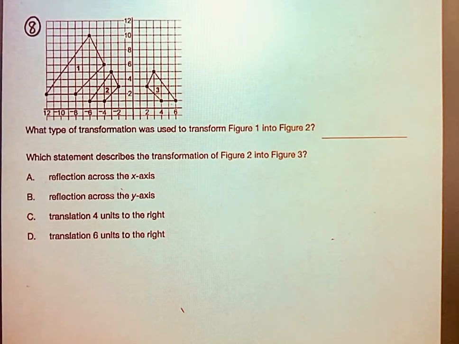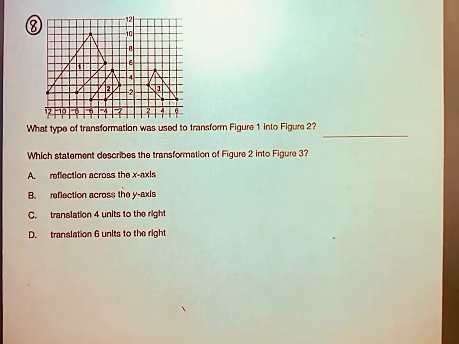All right. It says, first of all, what type of transformation was used to transform figure 1 to figure 2? Pretty simple question as long as you know your main topics of transformations. We have reflections, rotations, translations, and dilations, and there is only one of those that changes the size of an object.